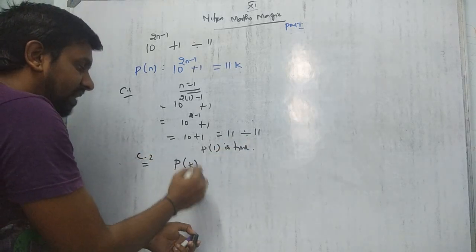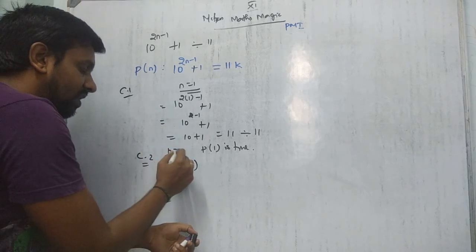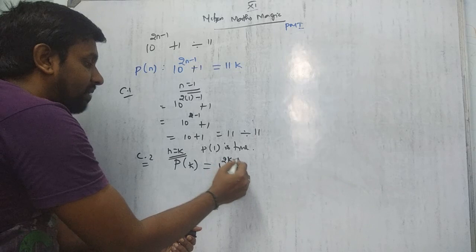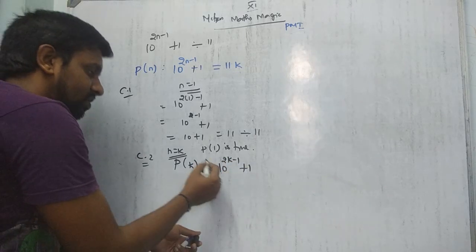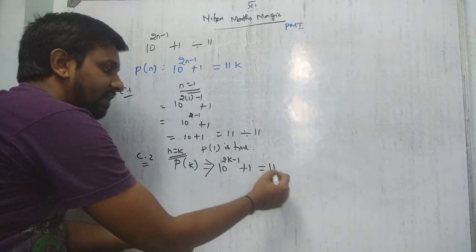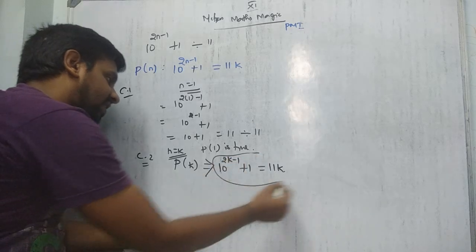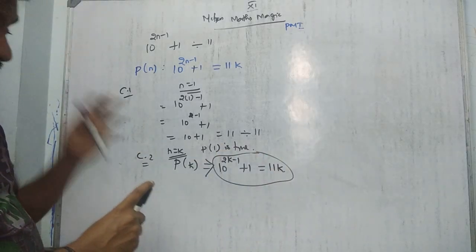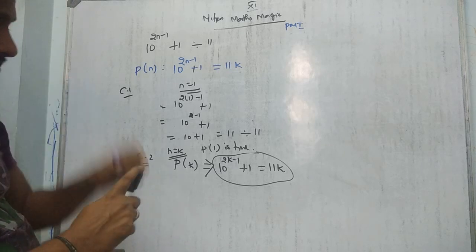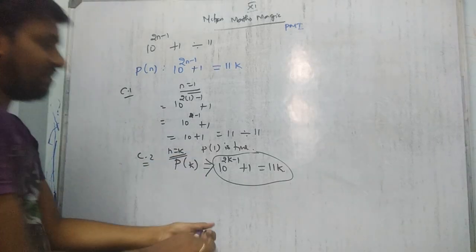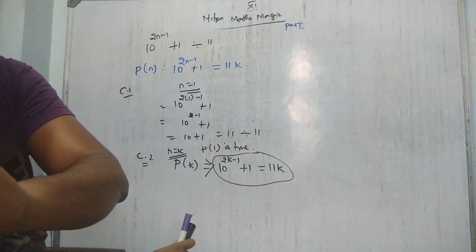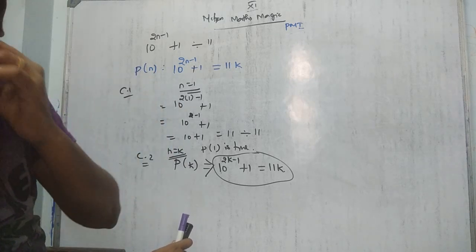Then case 2, என்ன சொன்ன? Wherever n comes imagine k. Okay, n equal to k na P of k equal to 10 power 2k minus 1 plus 1. So it is divisible by 11k. So P of k தான் ரொம்ப ரொம்ப முக்கியமான ஸ்டெப். இதுல நல்லா பாத்துக்க. So இந்த ஸ்டெப்ல இருந்து I repeat again, question number இந்த 19, 20, 21, 22, 23, 24 இதெல்லாம் ஒரே மாதிரி சம்.